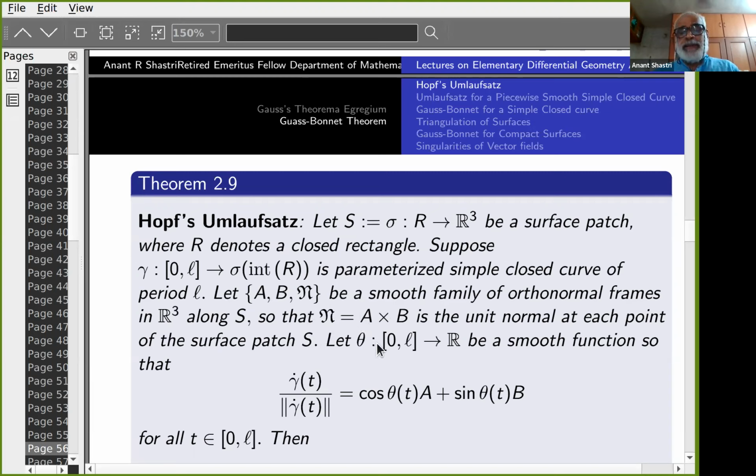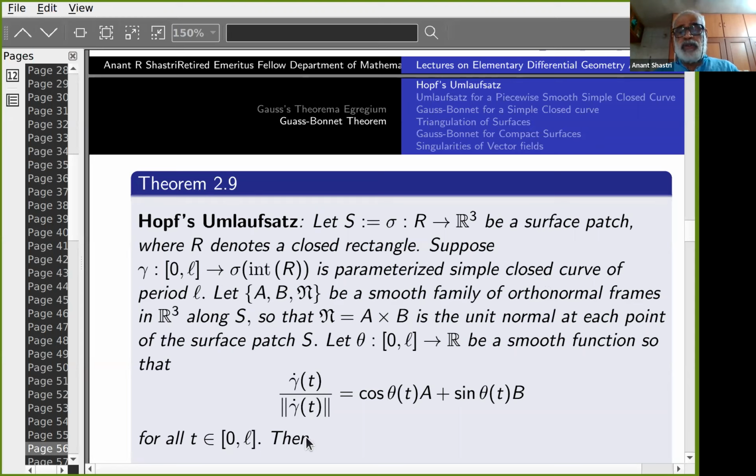Now let theta from 0 to L to R be a smooth function such that gamma dot divided by norm gamma dot, I have to divide by this because I have not assumed that this is a unit speed curve, the parameterized simple closed curve. Therefore I am dividing it by the norm.